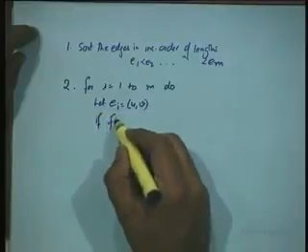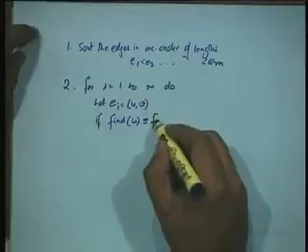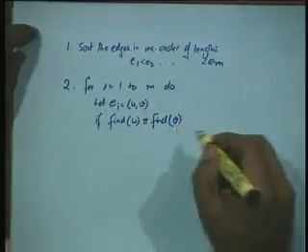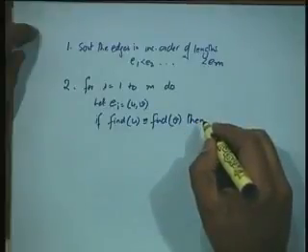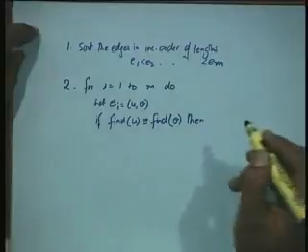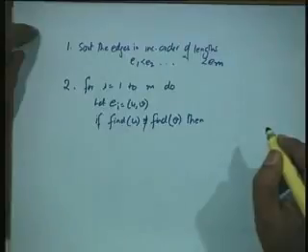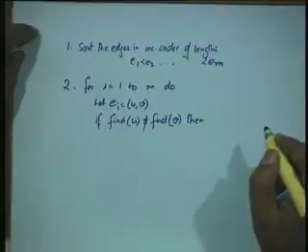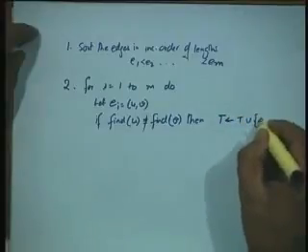If find u equals find v, then it forms a cycle, then we do not have to do anything. So I should really say not equal. If find u is not equal to find v, then T is T union E_i.